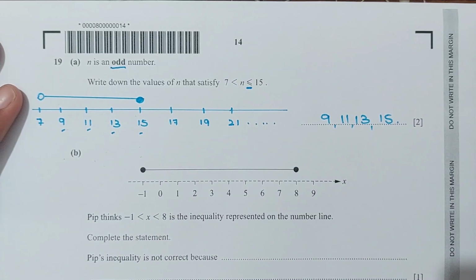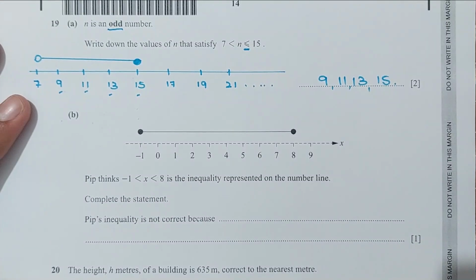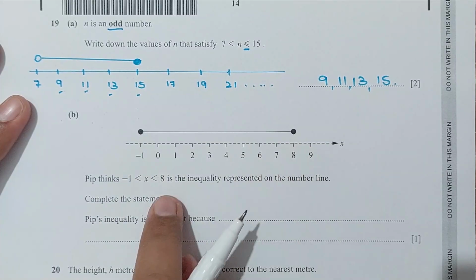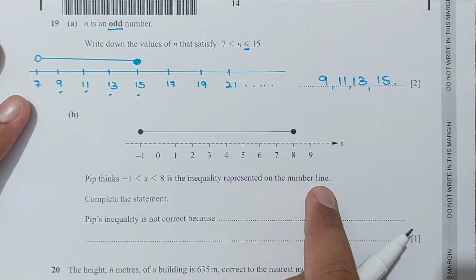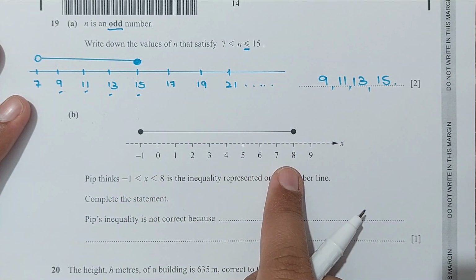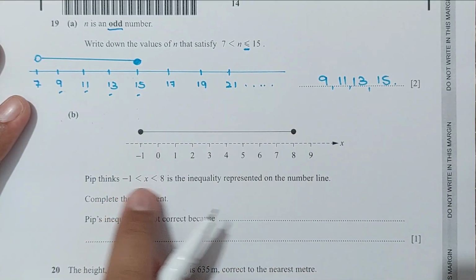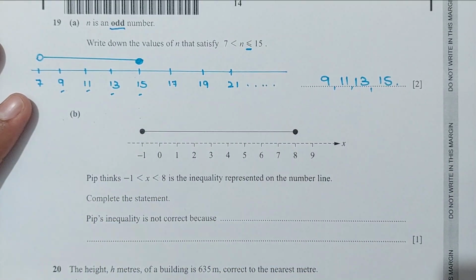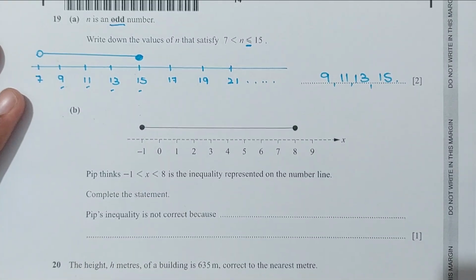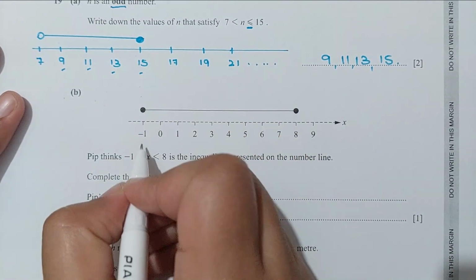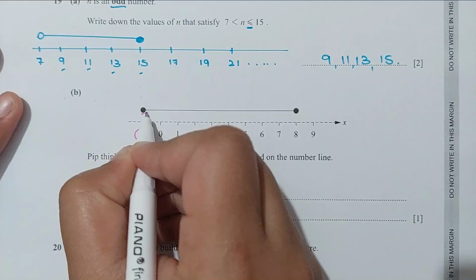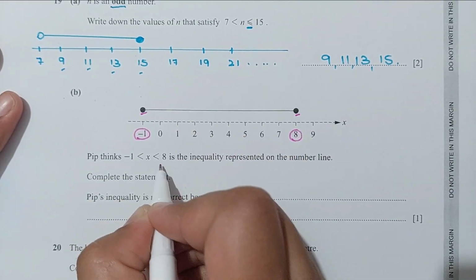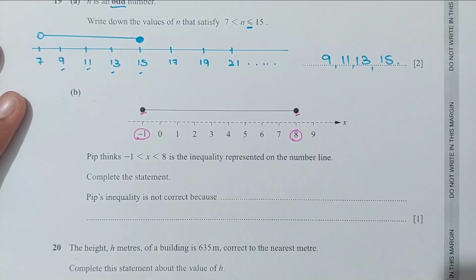Part B, Pip thinks minus 1 is less than x is less than 8 is an inequality represented on the number line, minus 1 till 8, but they are not equal. Complete the statement. Pip's inequality is incorrect because you can see at minus 1 the circle is shaded, at 8 the circle is shaded, but he does not include the equalities, right?